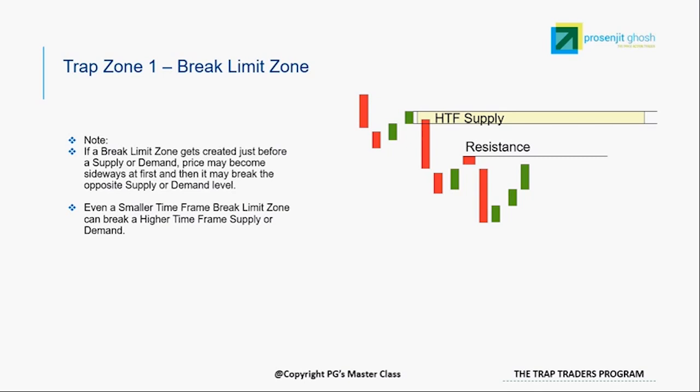You are waiting in the HTF supply to take a trade, and price creates a break limit zone just in front of your HTF supply. I mean, here this minor resistance line is cutting through the base candle, and the resistance has been engulfed also, a rally base rally formed, and we know our break limit zone formed just opposite to the HTF supply. What will happen?